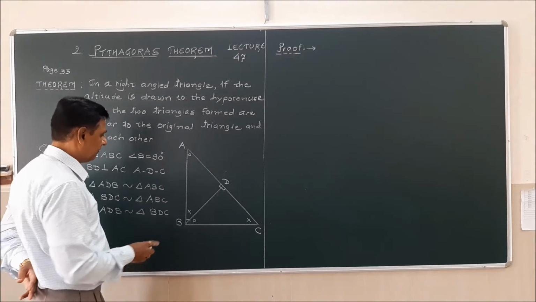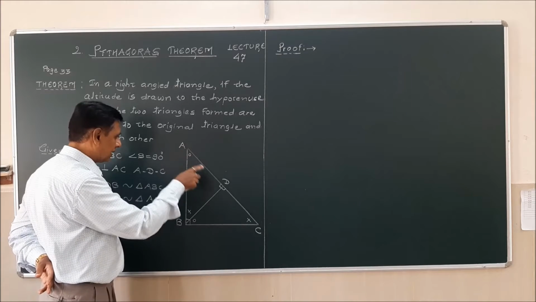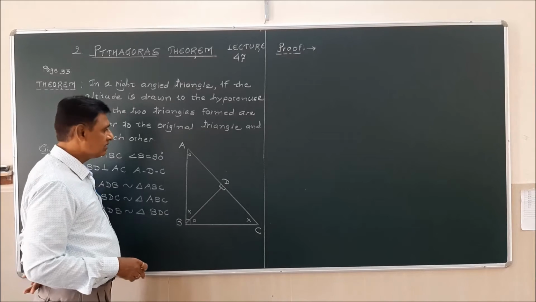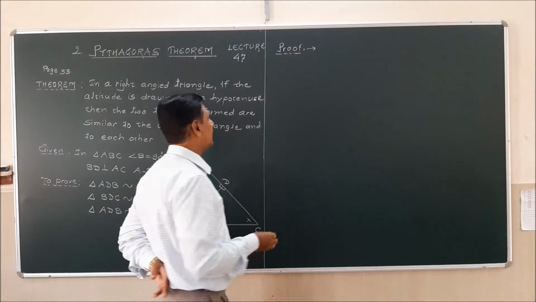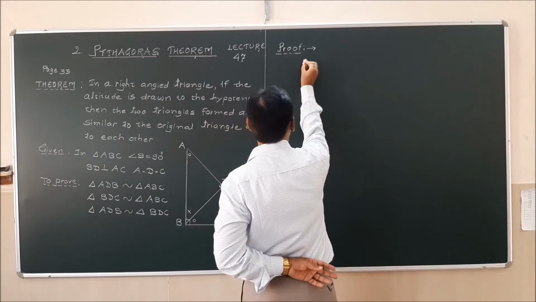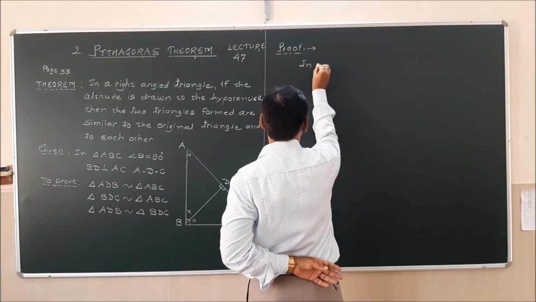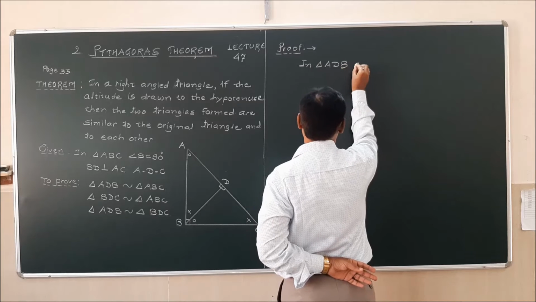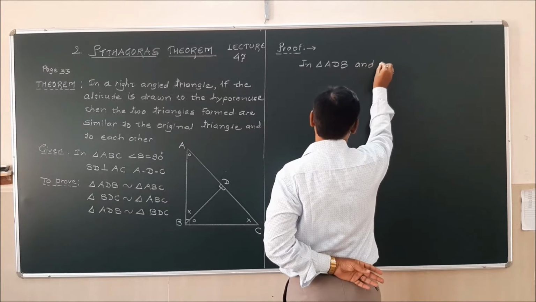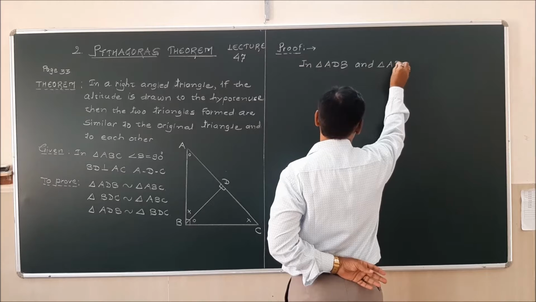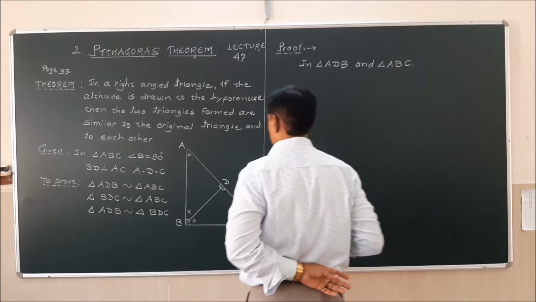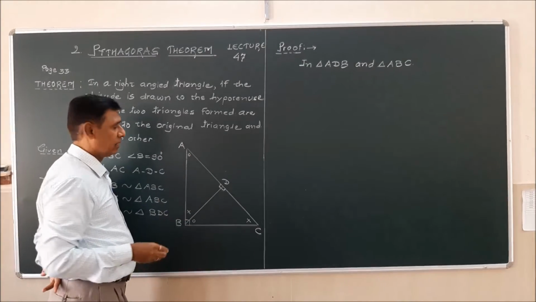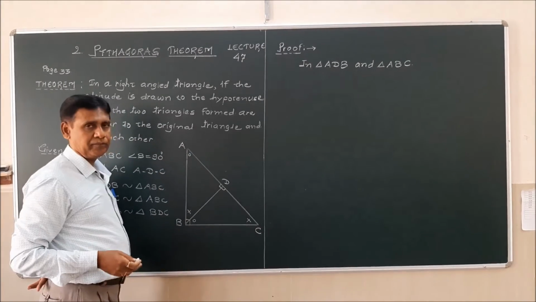Now please try to understand the same result we have to prove. For example, if I consider triangle ADB and triangle ABC. In triangle ADB, in which angle A is there.